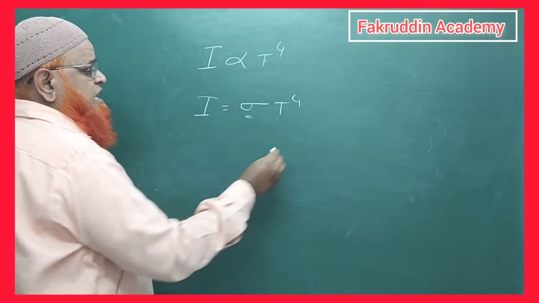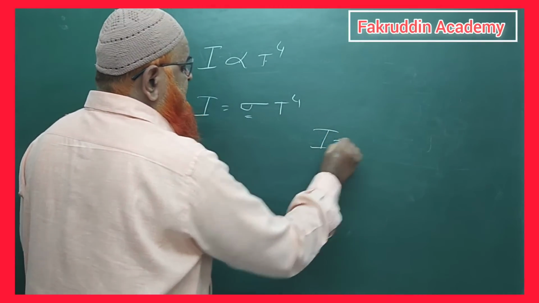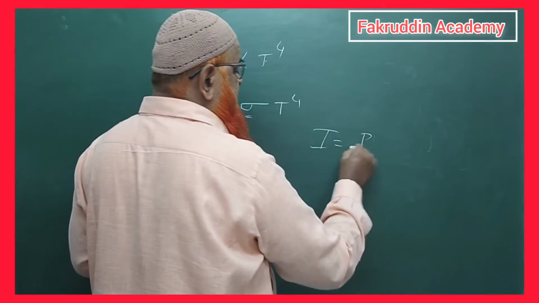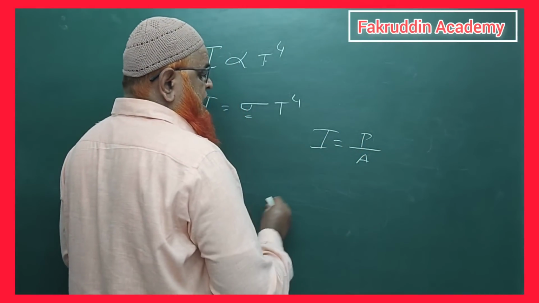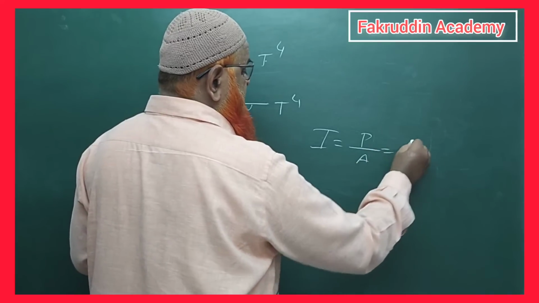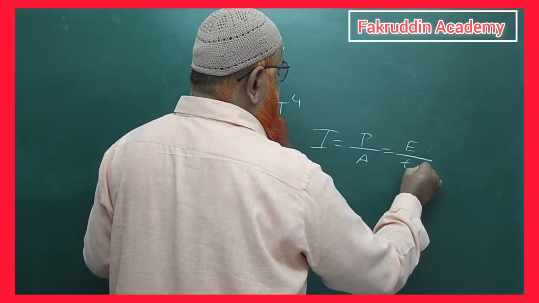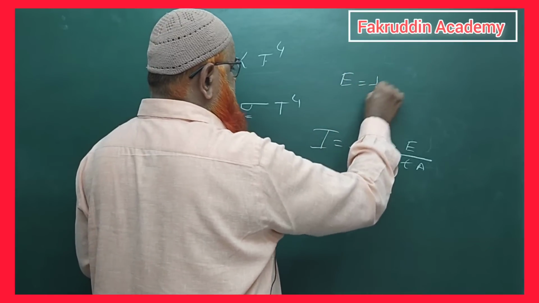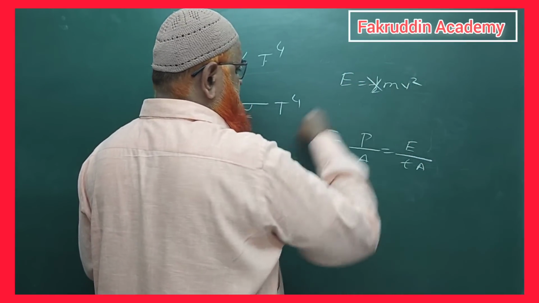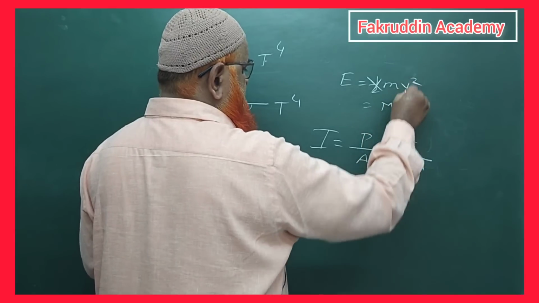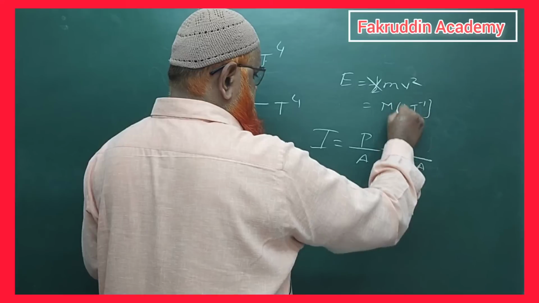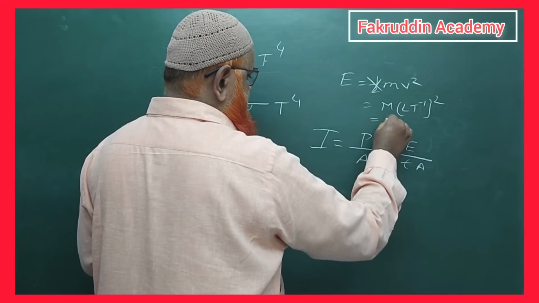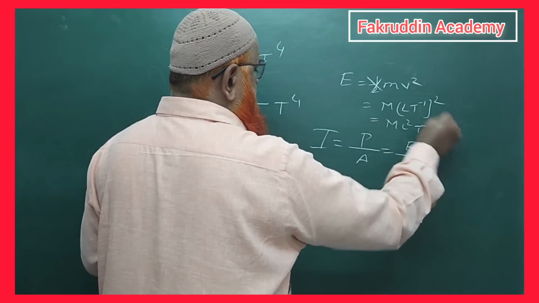You have to find the dimensional formula for intensity. Intensity is nothing but power by area, and you also know that power is energy by time. You know the formula for energy: energy you can consider as half mv square. Half does not have any dimension. This is m, and velocity means LT power minus 1 whole square. So we can write this as ML²T⁻².